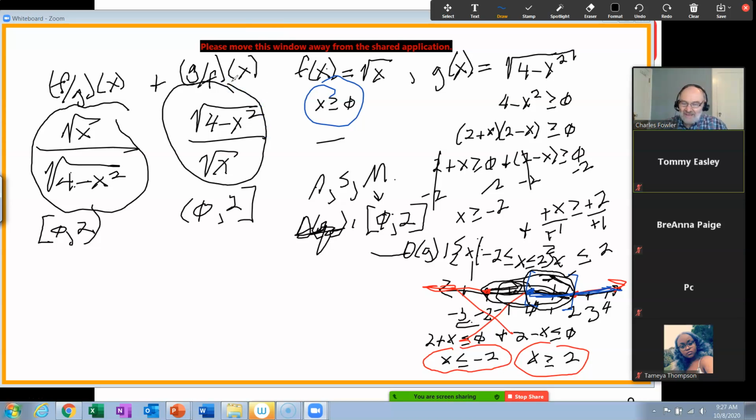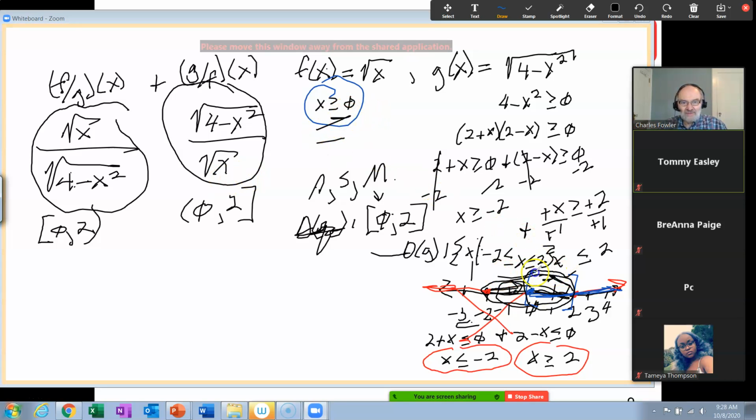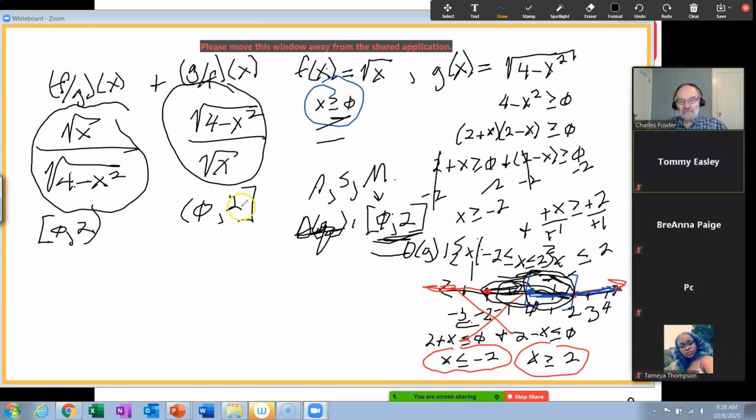The thing that gets messy here is the domain part, because both of those are square roots. You have to determine the domain of this one, the domain of this one, and then find out what's in common. This is the common domain, and then you have to find out what you exclude here and what you exclude there.